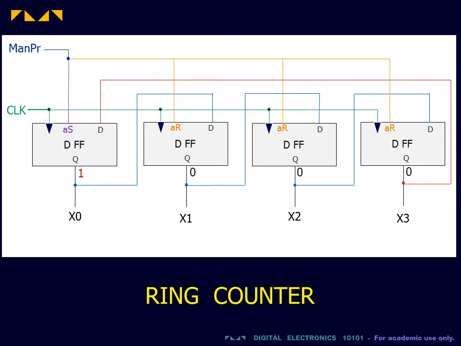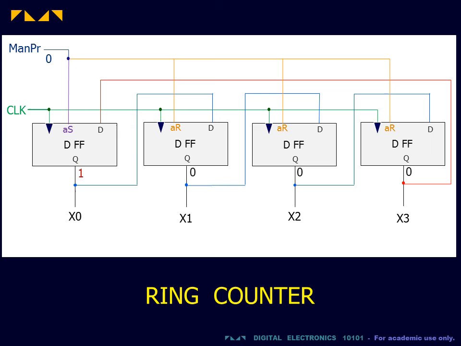Specifically, this connection is made to the asynchronous set input of the first flip-flop and the asynchronous reset input of all of the other flip-flops. Thus, activating the manual preset will force a 1 into the first leftmost flip-flop and zeros into all of the other flip-flops.